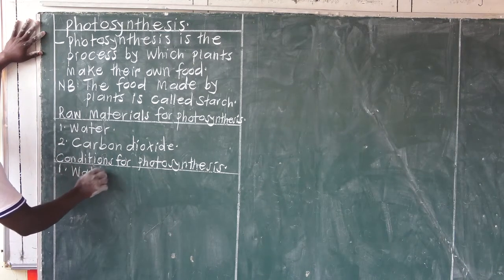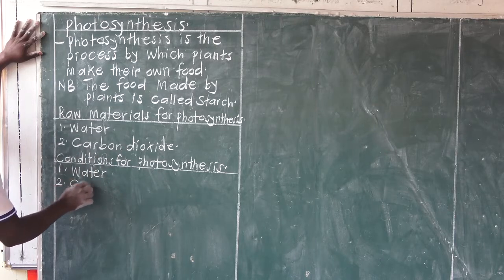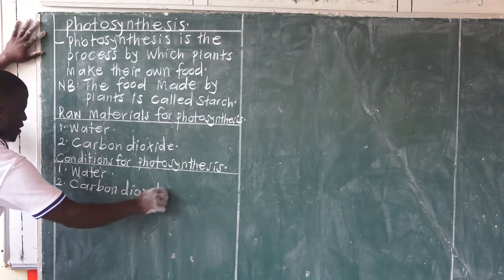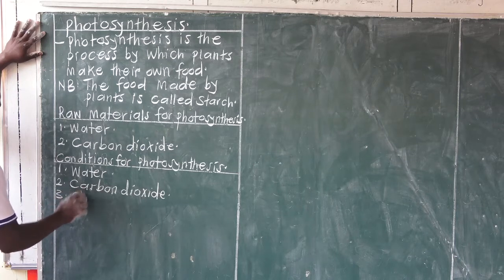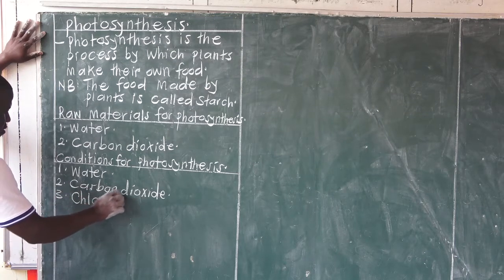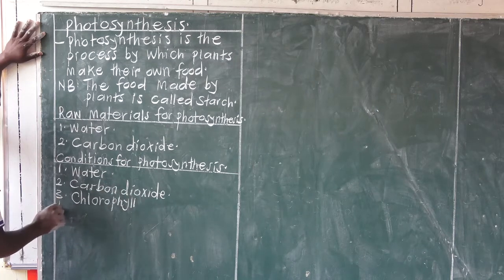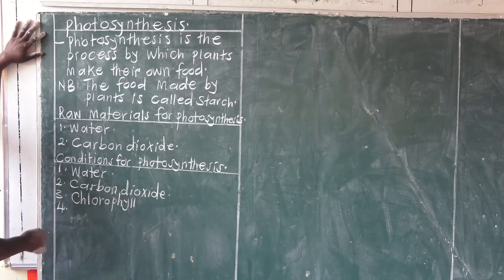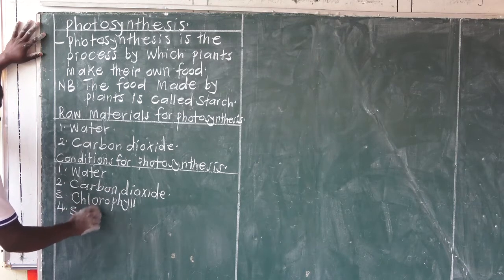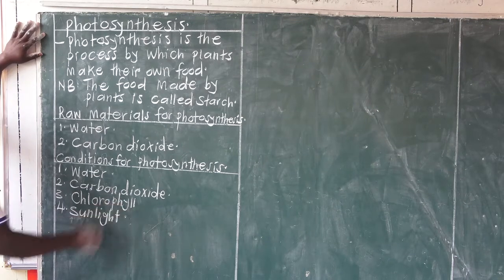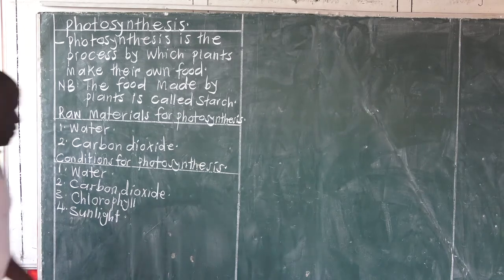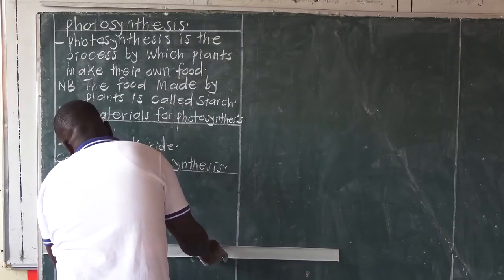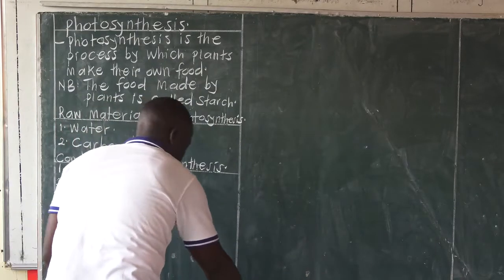We have water, we have carbon dioxide, we have chlorophyll. Then, apart from chlorophyll, we have sunlight. So, we want to see how these materials are important during photosynthesis.